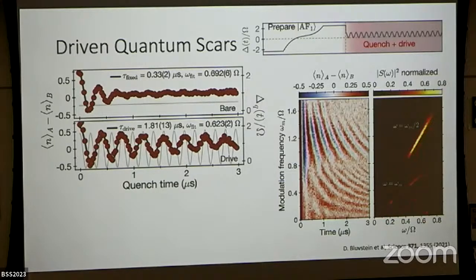So you can really tune the frequency over a broad range, and you still see the feature. You always get the frequency that is half of the frequency of the drive, but you can tune this. It doesn't need to be a multiple of the frequency of the scars without driving. It can be anything.